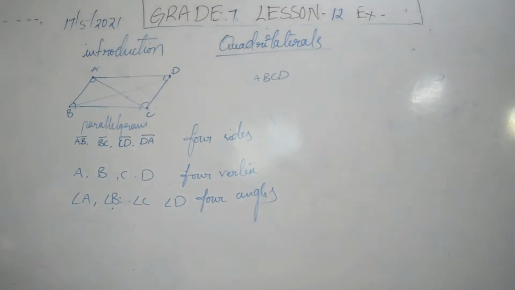Here see, like ABCD, these two sides, what are they? AB one side and BC one side, their common vertex.